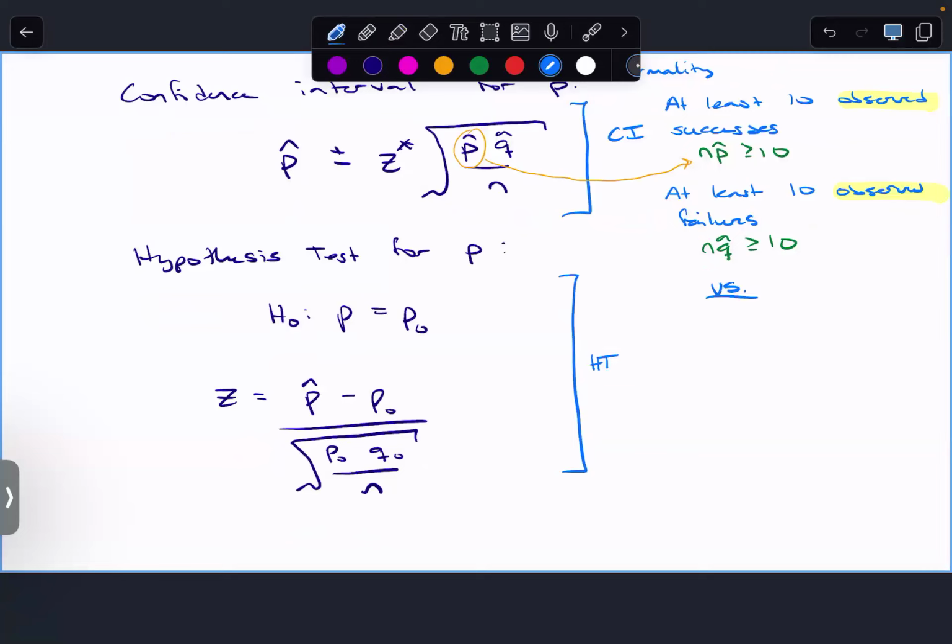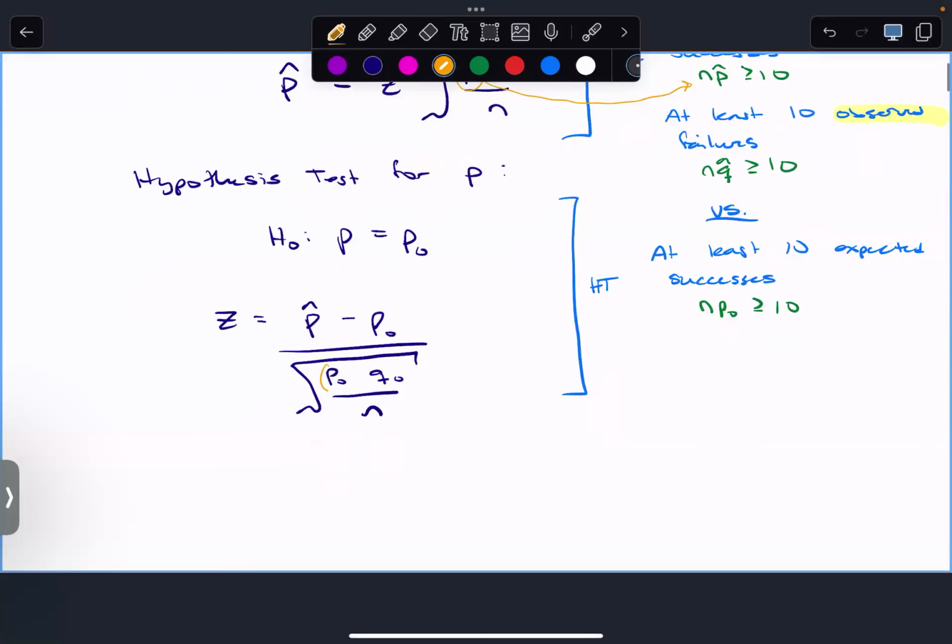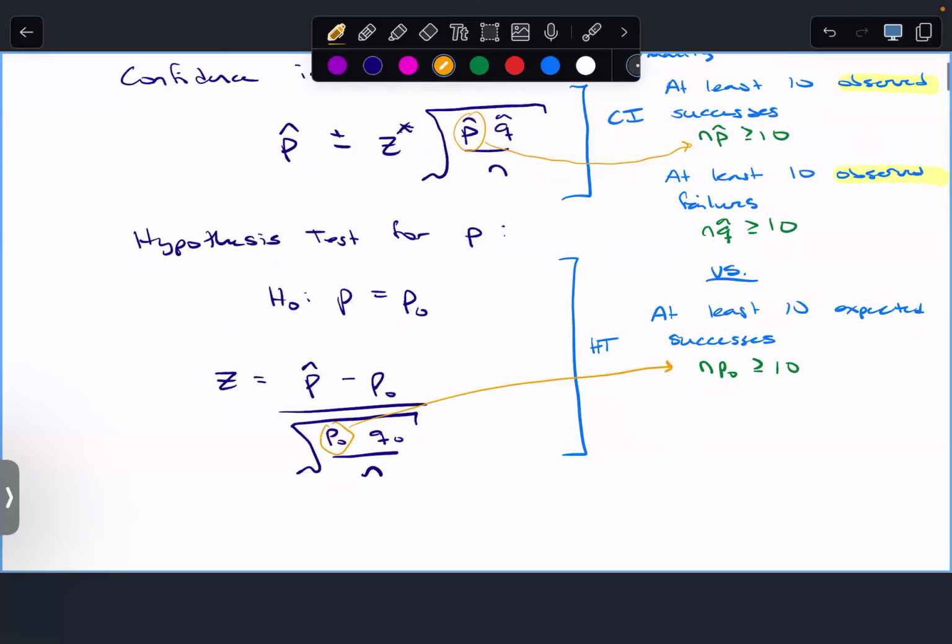So versus for a hypothesis test, we need at least 10 expected successes, which means that n times p naught has to be greater than or equal to 10. But notice that that's the p naught that I use in my standard error for the hypothesis test. These standard errors are on your formula sheet, so you can let those be your guide for the conditions as well.